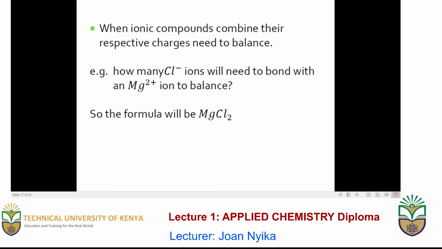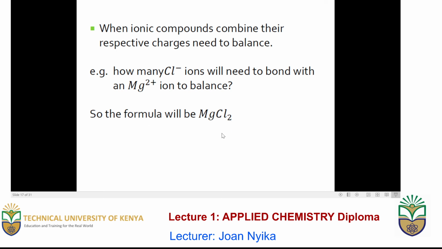When ionic compounds combine, their respective charges must balance. We mentioned this when we were looking at the fundamentals of an ion and an atom: once sodium chloride or magnesium chloride becomes an ionic compound, the charges of magnesium and the charges of chloride must cancel out.